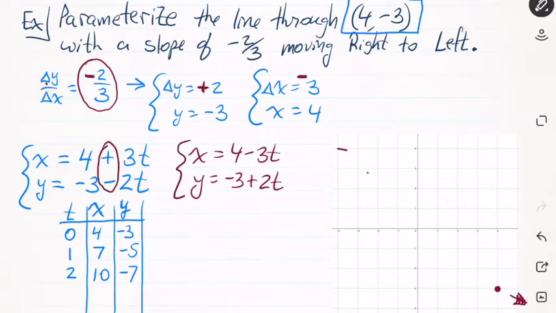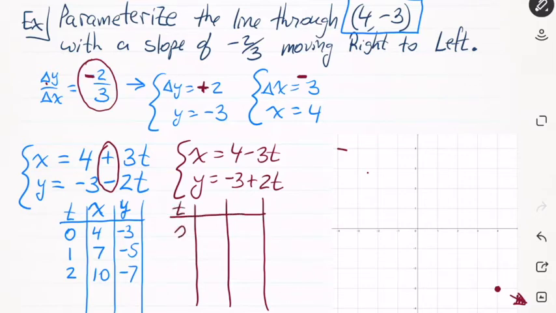So if I do this parameterization of my line, and I do my t is 0, 1, and 2, let's see what happens to my x and y coordinates. All right, so if it's 0, again, we're going to start at 4, -3, which I expect.